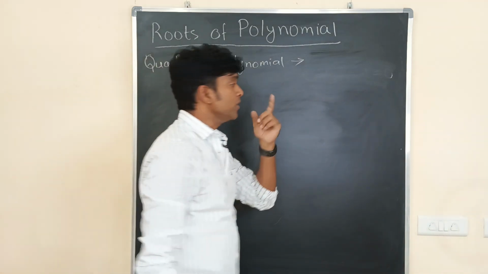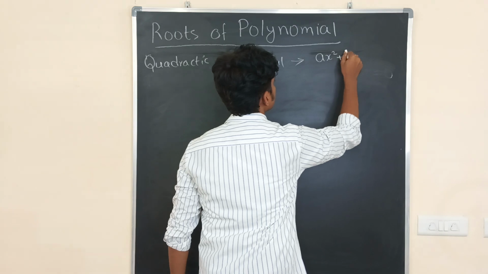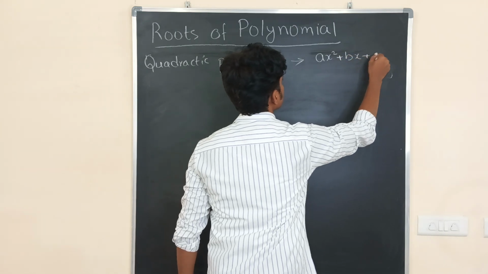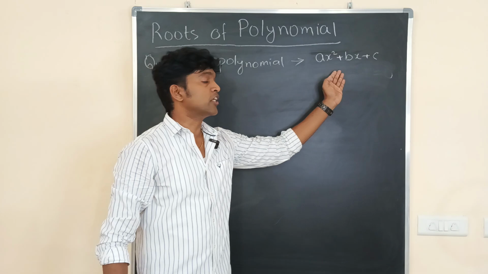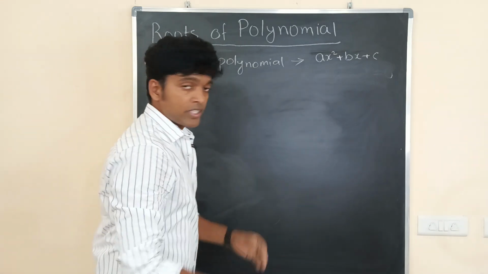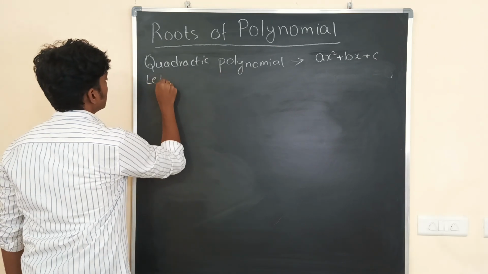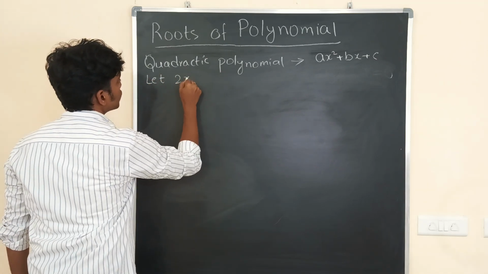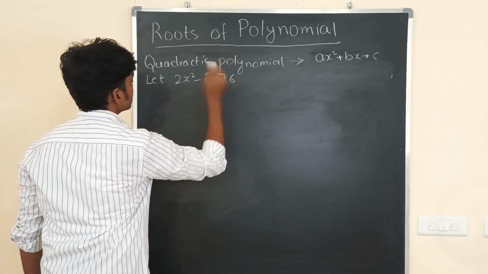That means the exponent will be 2, that is ax square plus bx plus c. In order to find the roots of this equation, we can go for an example, for the easy way. For example, let us consider 2x square minus 8x plus 6.